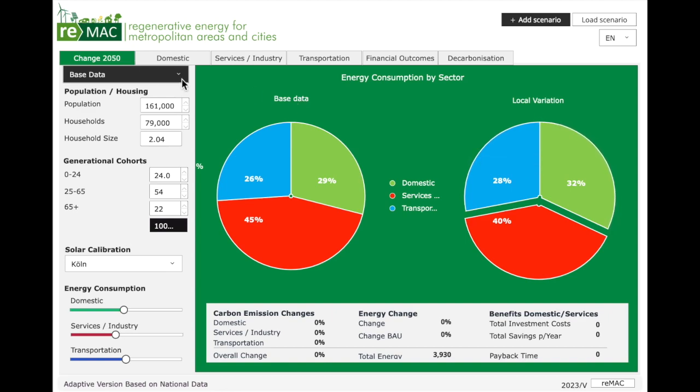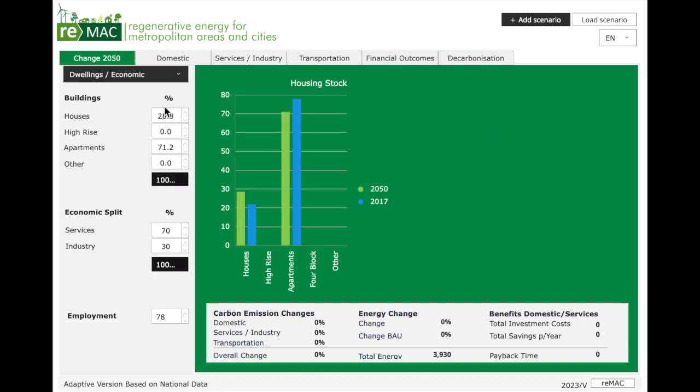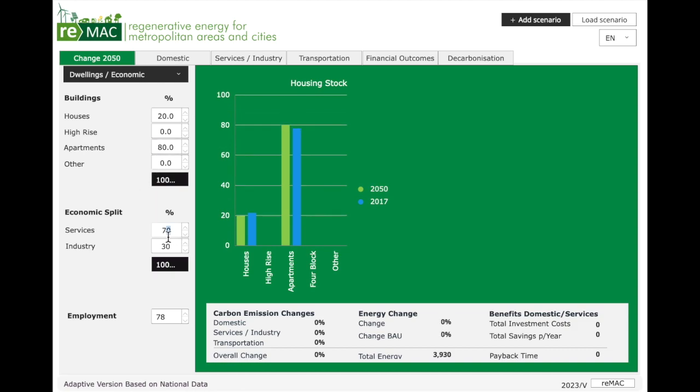One can enter further local data in reMAC. This is done if they differ from the national average. In Musterstadt, there are fewer individual houses. The ratio of services and industry differs also from the national average.